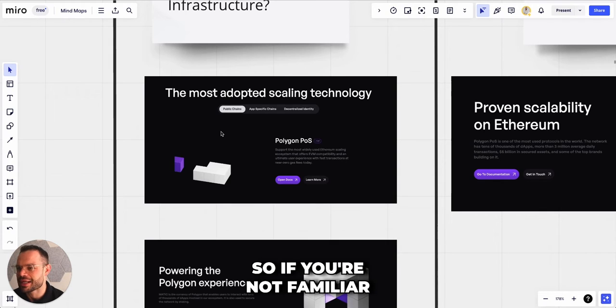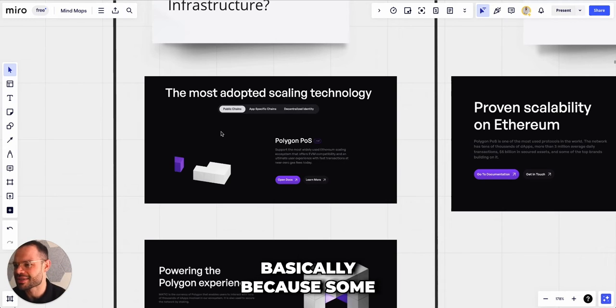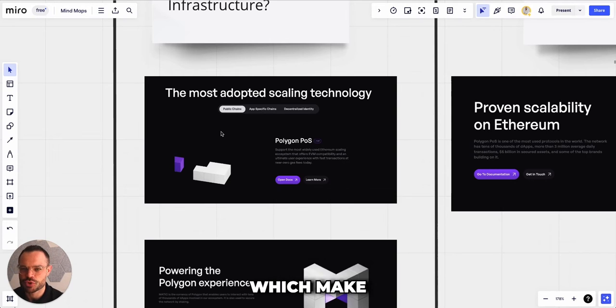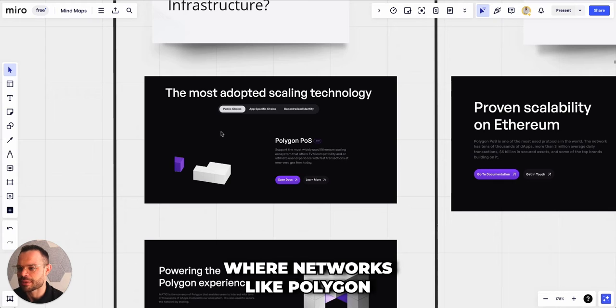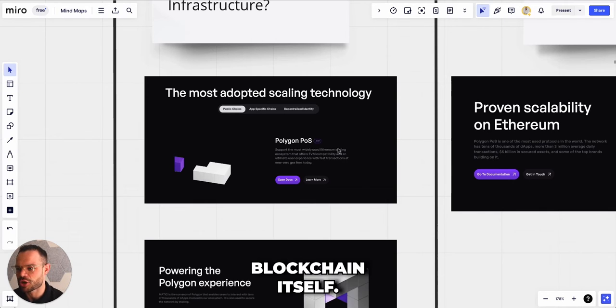If you're not familiar with layer 1s, layer 2s, layer 3s, etc., basically because some layer 1 blockchains like Ethereum have certain scalability issues which make transactions and gas fees extremely high, we have seen the evolution of these layer 2 solutions similar to Polygon in the past few years, where networks like Polygon are creating a more scalable and cost-effective way to handle transactions on a side chain, and then those transactions eventually get rolled up to the Ethereum blockchain itself.